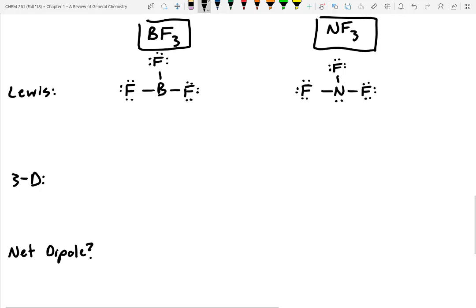All right, if we think about boron right here, what's the hybridization going to be? sp2. What should the shape be? Trigonal planar. And it should have bond angles of about 120 degrees, right? So really the Lewis structure drawing that we have right here isn't the best drawing.